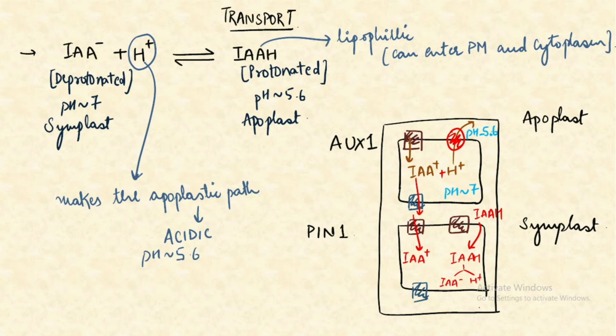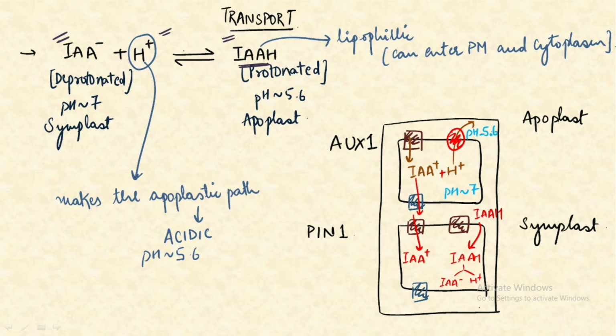So we have IAA, that is indole 3-acetic acid, in the deprotonated form in the initial stage. So we have IAA⁻ plus H⁺, that is the protons, which gets converted into IAAH, the protonated form of auxin.